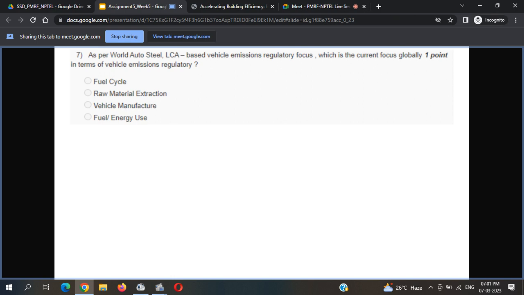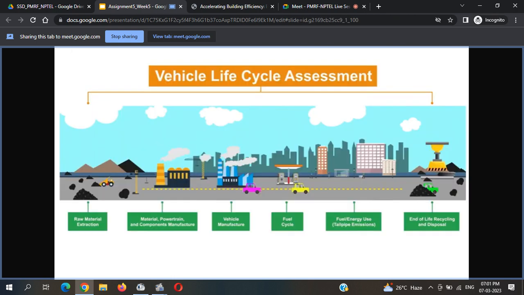So it talks about global focus, which is there on which part of the life cycle of vehicle-based emissions. So there is fuel cycle, there is raw material extraction phase, there is vehicle manufacture phase, and then emissions related to fuel and energy use.